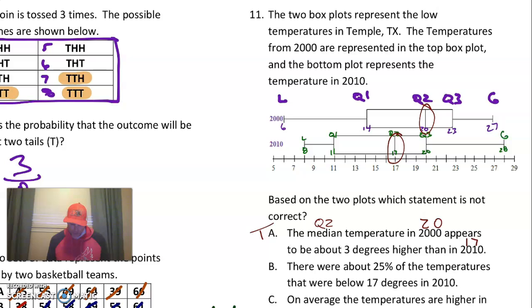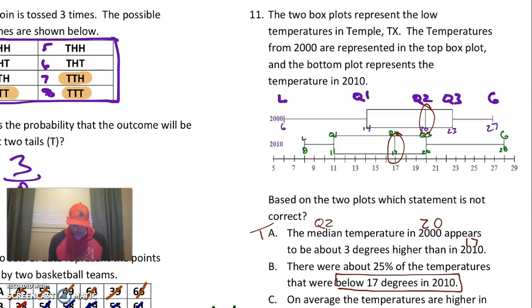B, there were about 25% of the temperatures that were below 17 degrees in 2010. So let's only look at 2010, and we're looking below 17 degrees.